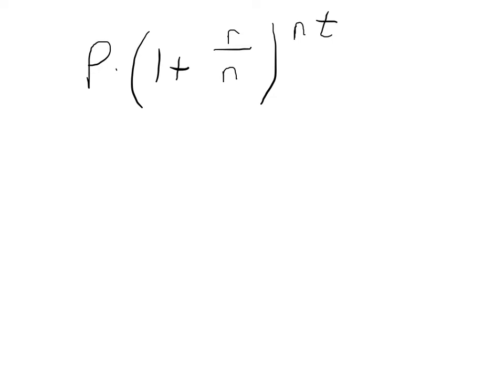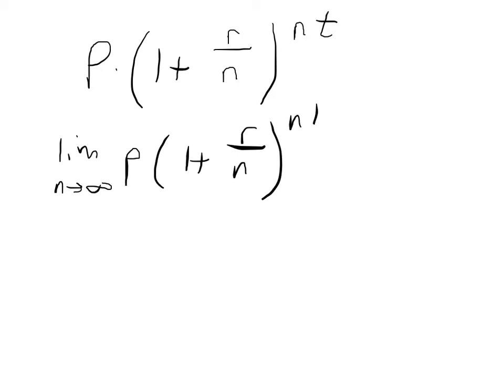We can compound quarterly, which means n would be 4; monthly, n would be 12; daily, n would be 365; we could compound 1,000,000 times during the year. And so what happens if we let the number of compoundings approach infinity? Again, you should see that this looks somewhat similar to our definition for E.